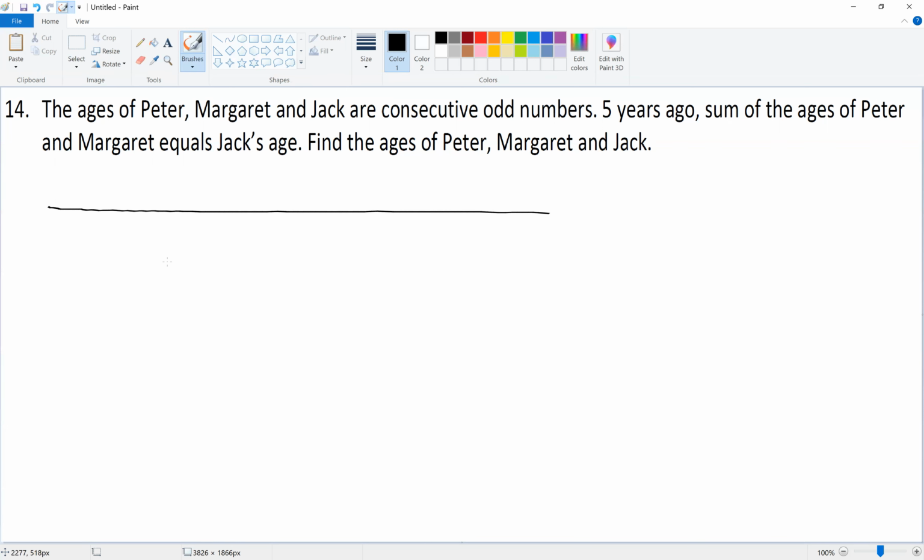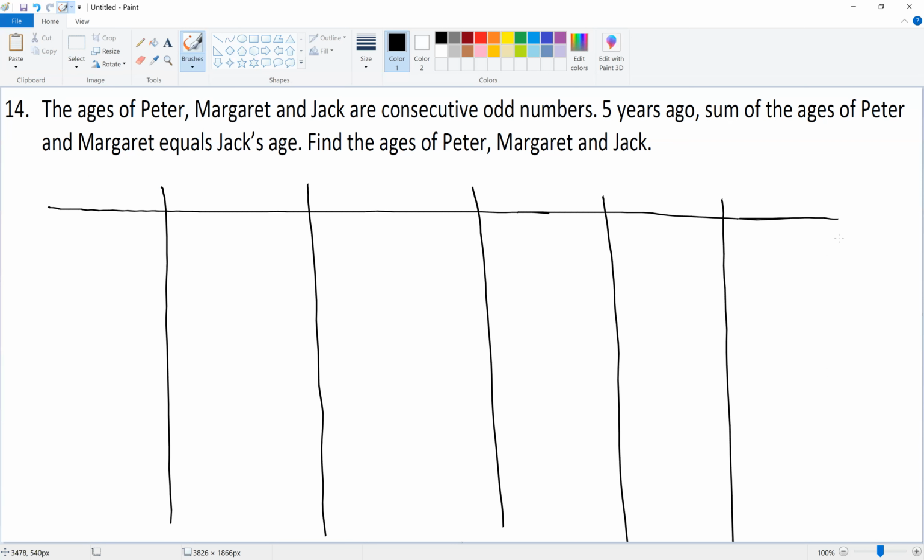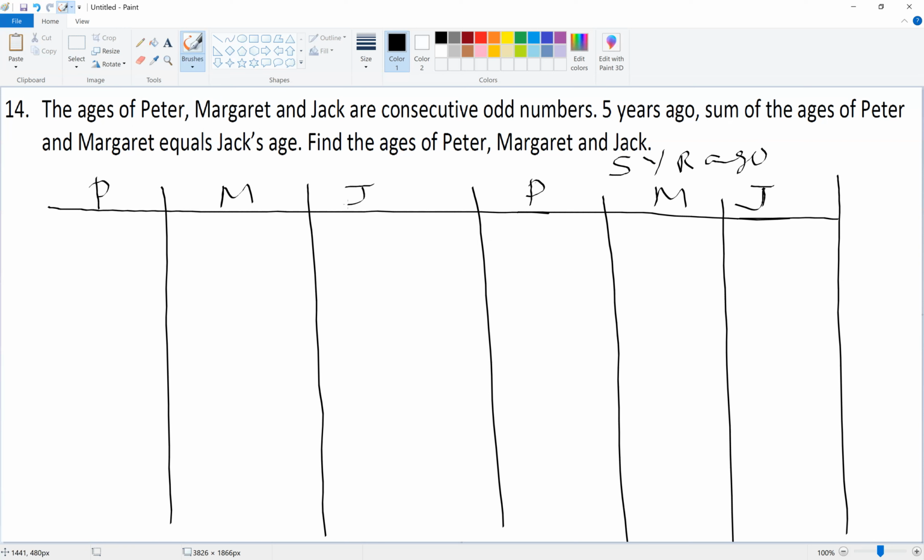Okay. So let's say these are the 3 people. And this is 5 years ago. Peter, Margaret, Jack.